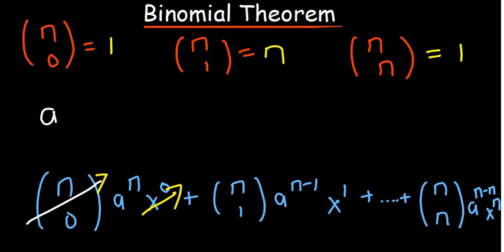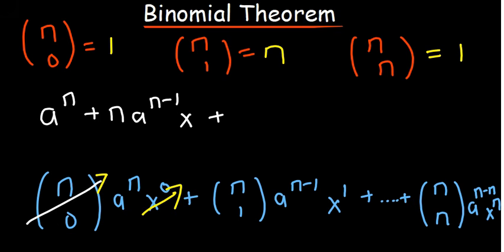It is a to the power n plus, for n choose 1, you just see n. It's not necessary to show n choose 1 because it's always going to be equal to n. And then you have a to the power n minus 1, x to the power 1, plus.